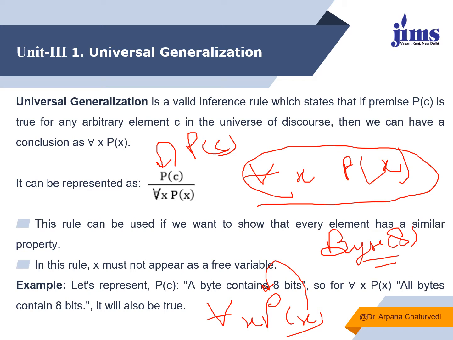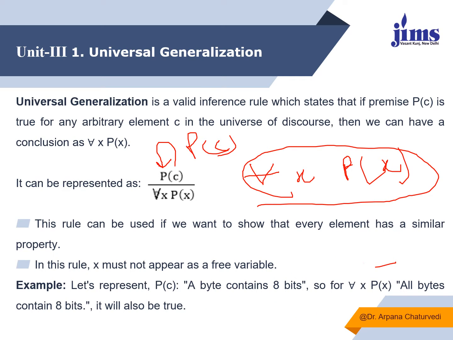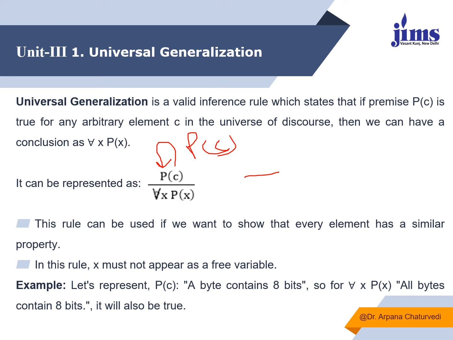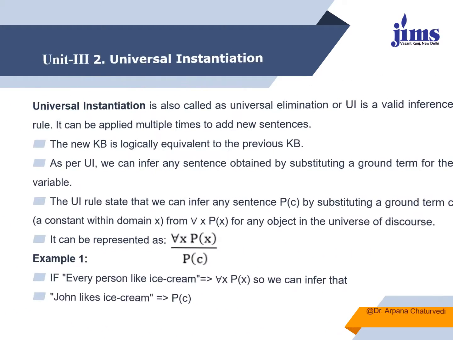So a byte contains 8 bits can be converted into all bytes contain 8 bits. If it is a byte, then definitely it will contain 8 bits. So we have generalized the statement. I am not talking about something specific, I am talking about a general statement that if it is a byte, then definitely it is 8 bits, whether it is 1 byte or 2 bytes or 3 bytes. This is universal generalization.